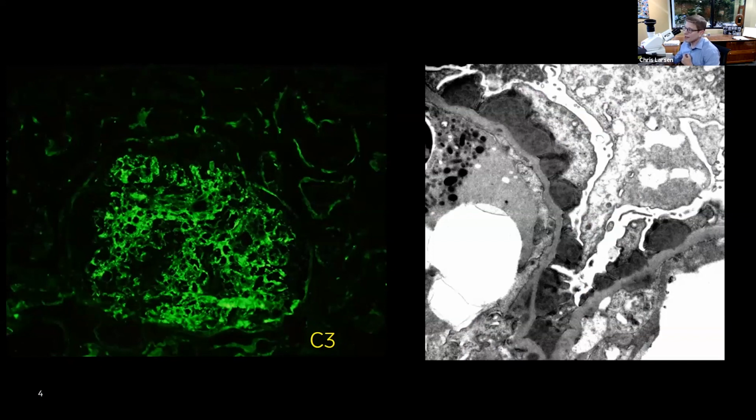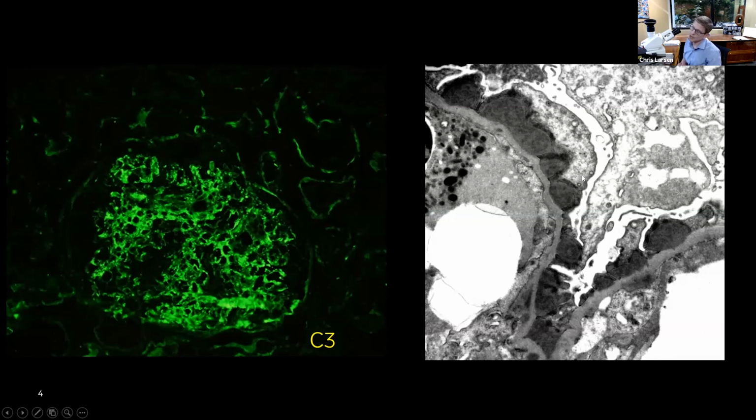And on the right, I'm showing the electron microscopy. Let me orient you. This is a glomerular basement membrane. Here's another one. So this is the endothelial space. This is a neutrophil inside of the endothelial space. You can see some remnants of the fenestrated endothelium right here. Out here we have podocytes, and this is the urinary space. And along the outside of the glomerular basement membrane, we have these large, often called hump-like deposits.